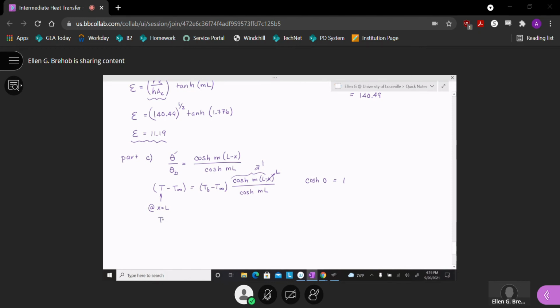Let's write T at the tip minus free stream temperature of 50 degrees C, and the base temperature was 90 minus 50, times 1 over hyperbolic cosine of 1.776. And we can solve for a temperature at the tip of 63.2 degrees C.